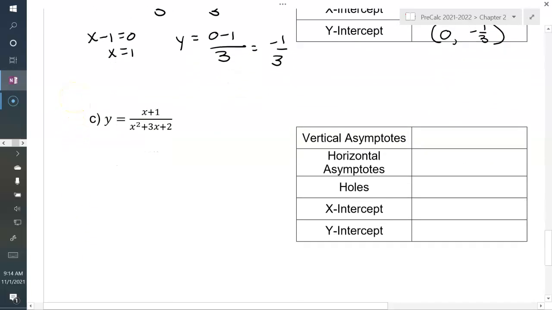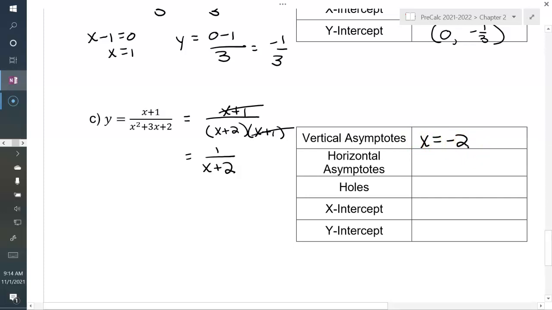Okay. Here's another one. Step 1, factor x plus 2 times x plus 1 over x plus 1. What cancels? So my equivalent expression is 1 over x plus 2. Vertical asymptotes. I have 1 at x equals negative 2.